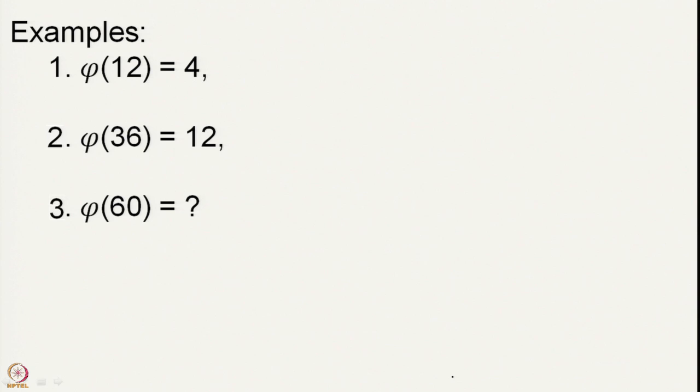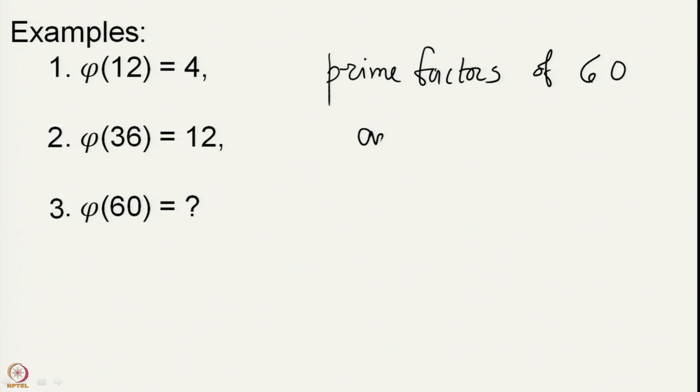We will apply the second method to solve this, which is to observe the prime factors of 60. You have 2 dividing 60 and then 2 power 2 divides 60 actually. So, what you are left with is 15.